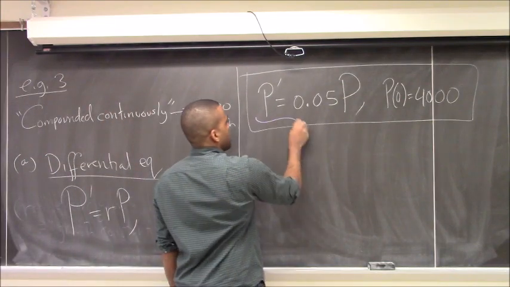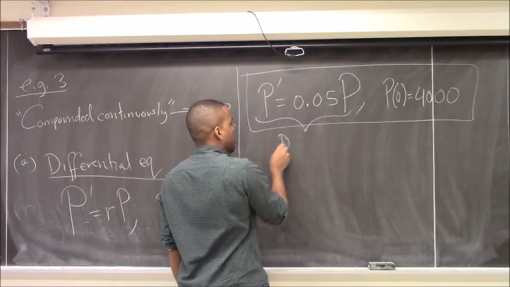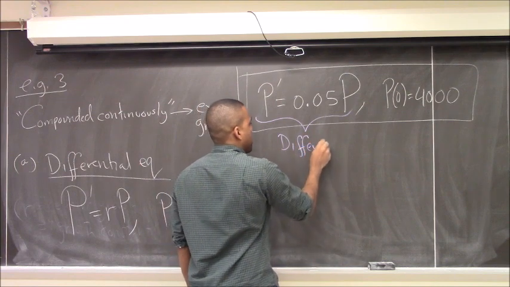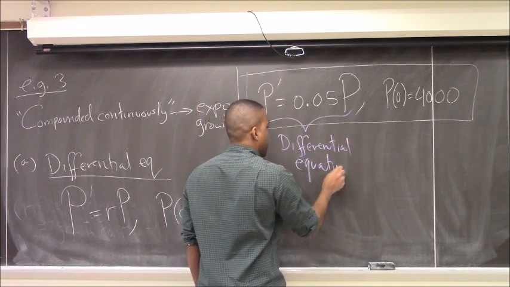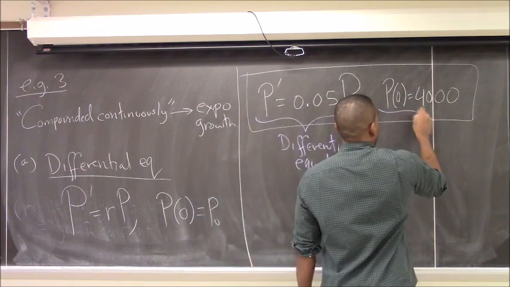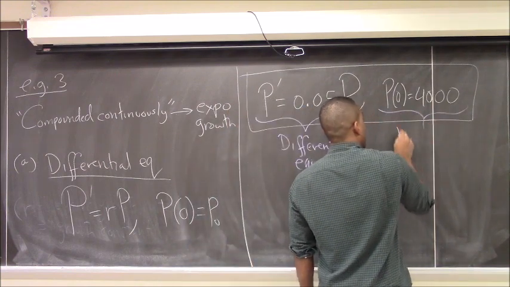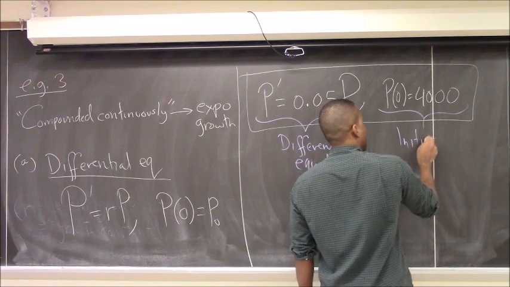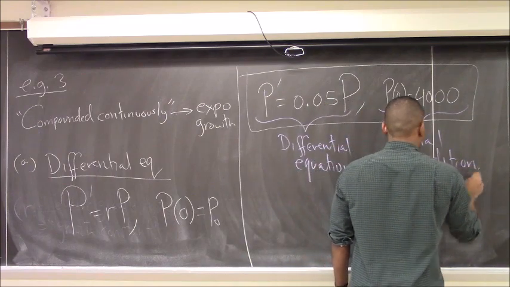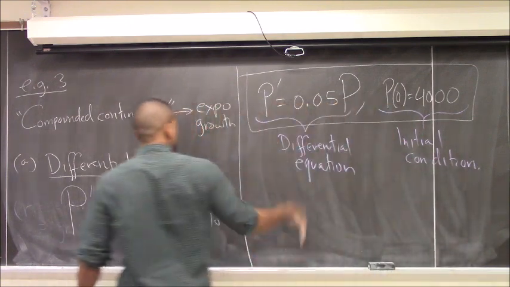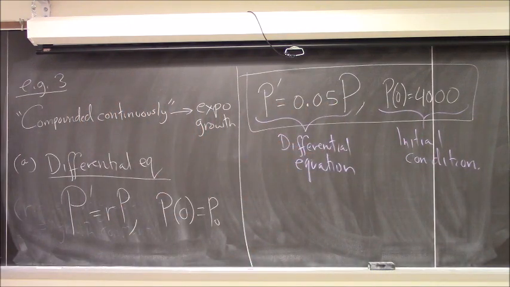This part here is your differential equation, and this equation here is called the initial condition. Sometimes they ask you for one, but they can also ask you for both.